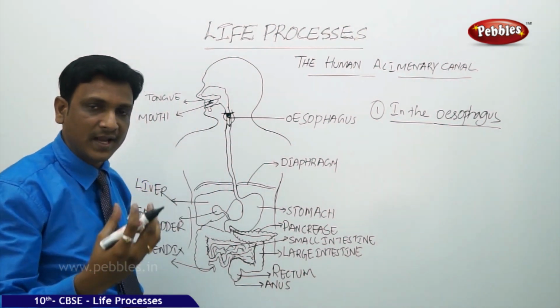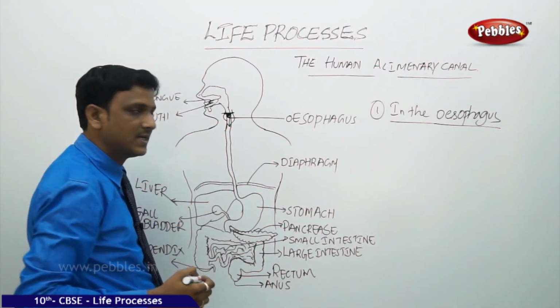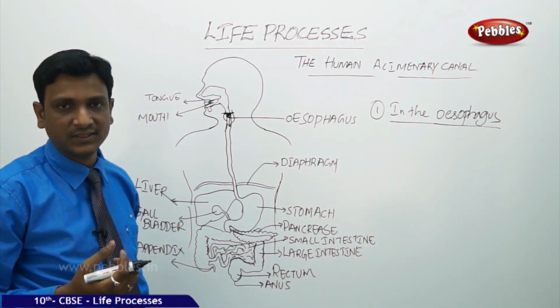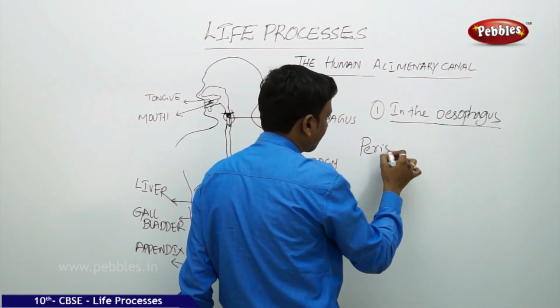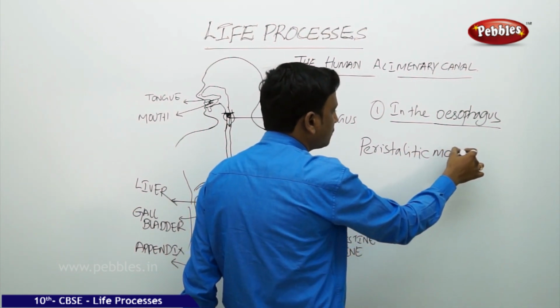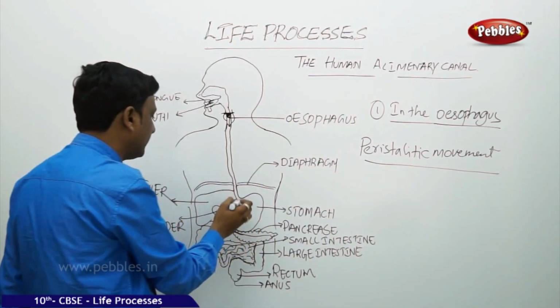So the circular and longitudinal muscles contract and relax and push the food downwards. These wave-like contractions and relaxations are called peristaltic movements. These peristaltic movements help the food pass through the esophagus into the stomach.